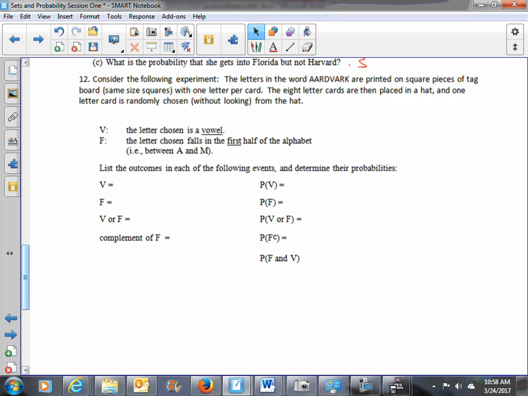The 8-letter cards are then placed in a hat, and one letter card is randomly chosen without looking from the hat. V is the event the letter chosen is a vowel. F is the event the letter chosen falls in the first half of the alphabet, i.e. between A and M. So between A and M, aardvark? M?